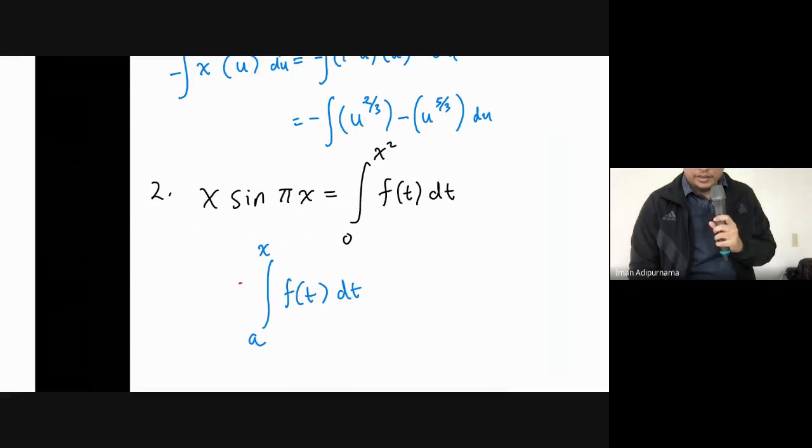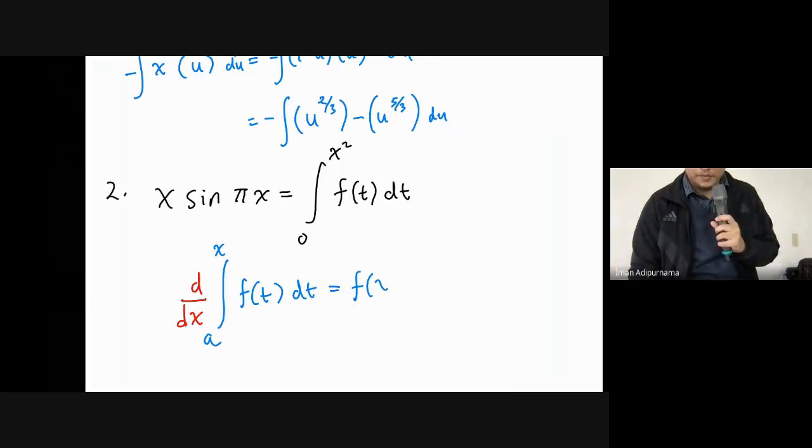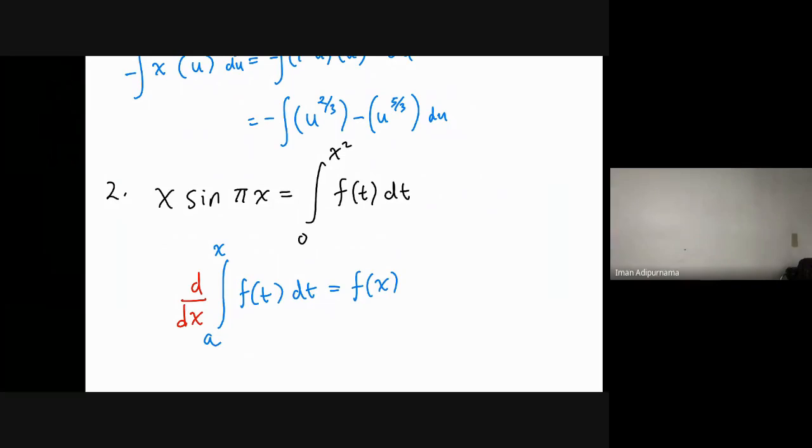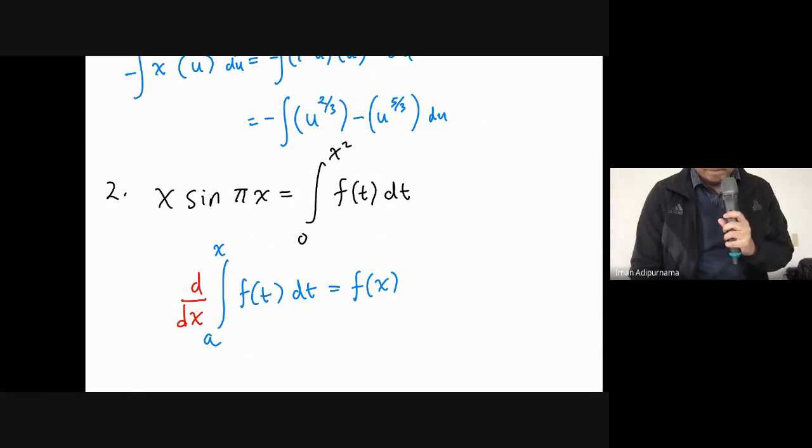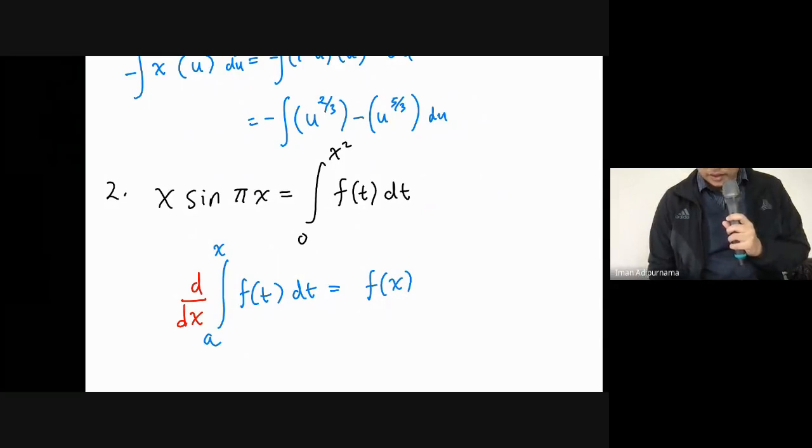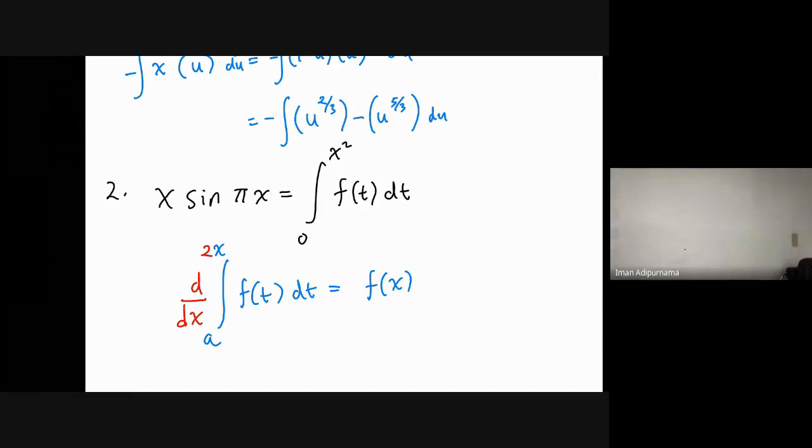So if you differentiate this, it will go back to the original function. What if this is from a to 2x?